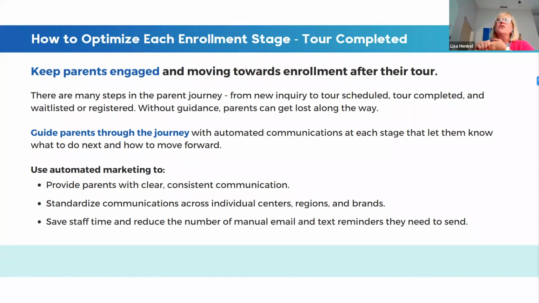Sending emails and text reminders post-tour can accomplish those things for you. And I don't mean a thing where you have to keep a list and say, yes, I sent them a follow-up, yes, I sent them a follow-up. Automate all of that for yourself, for your staff, and for the parents' benefit on their enrollment journey.